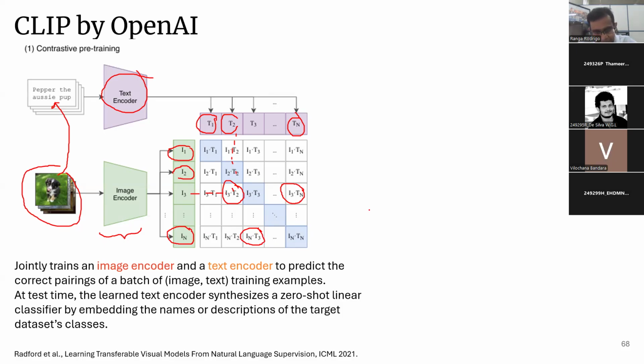So what is the way of measuring similarity between two vectors? Okay, let me ask that question so that I know that you are paying attention. Similarity between two vectors.